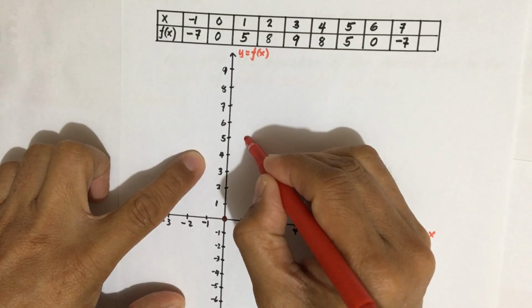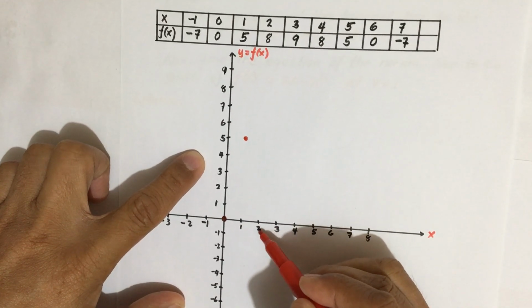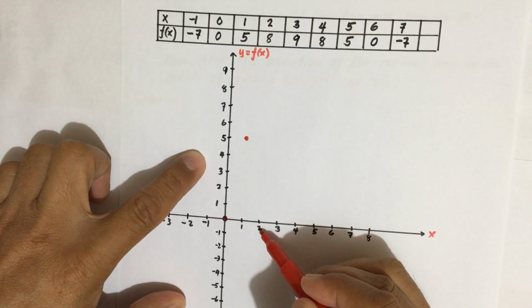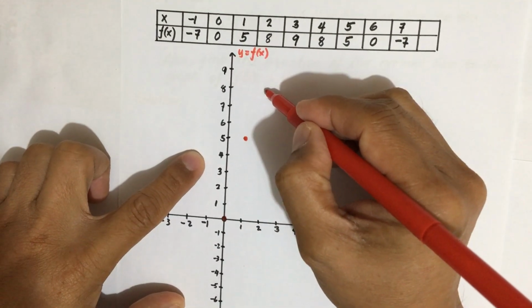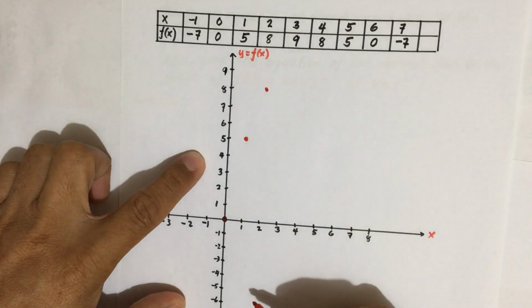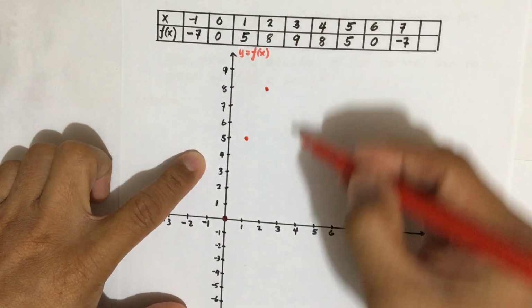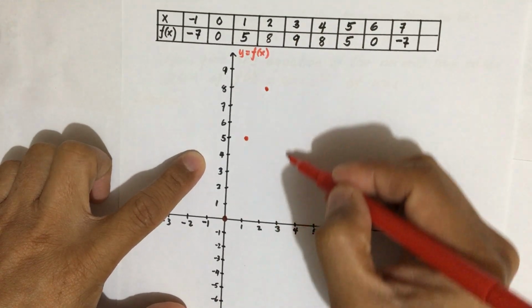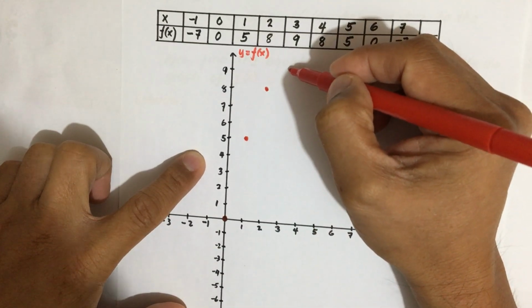Now when x equal to 2, so our f of x is equal to 8. So 2 and 8. Alright, so it should be here. When x equal to 3, so f of x is 9. Okay, so it's somewhere here.